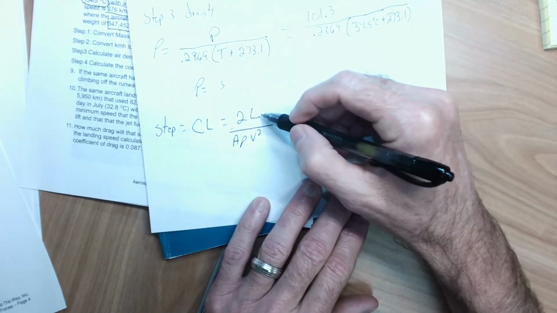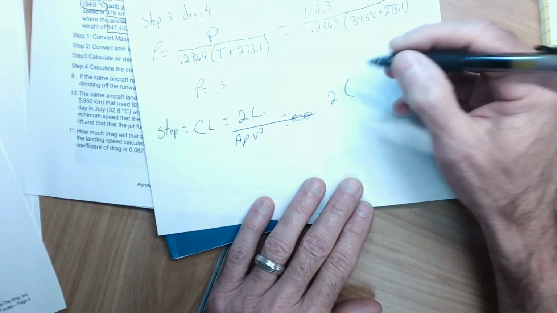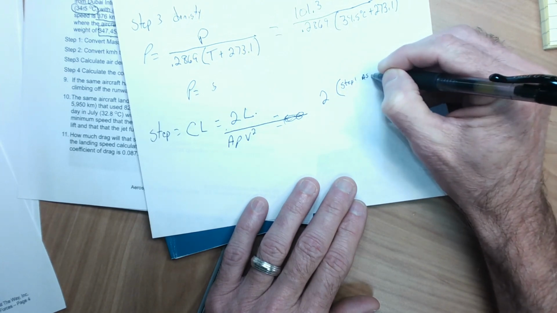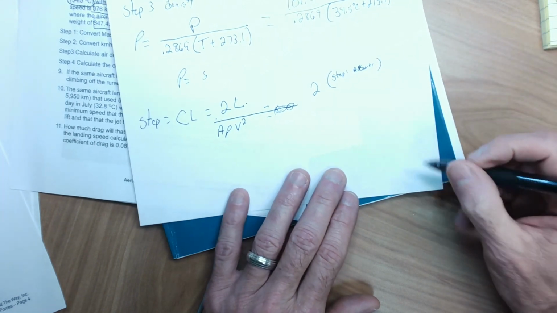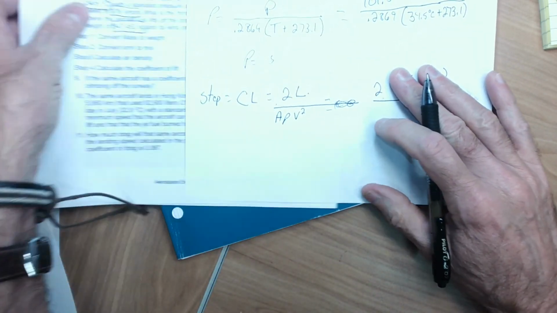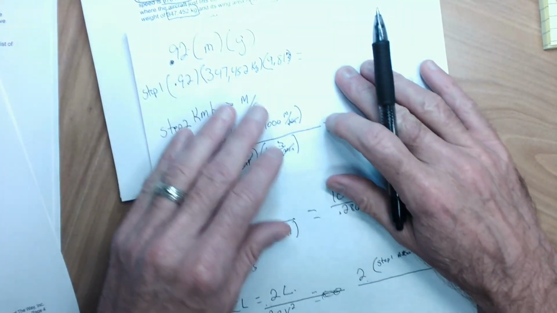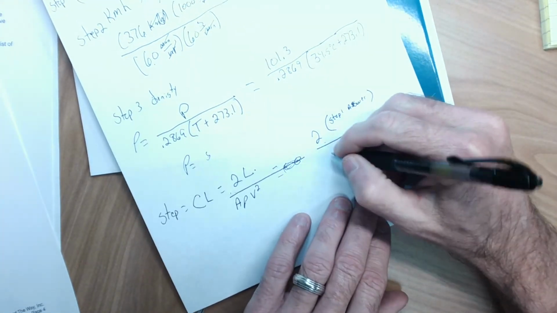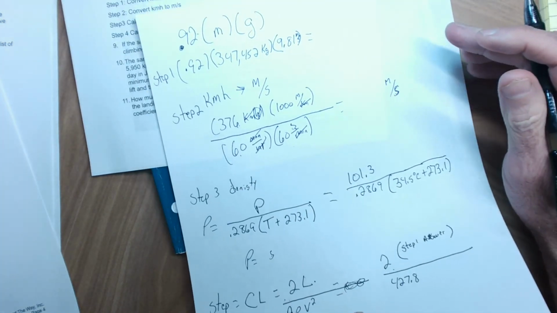So, 2. What is L? L is your answer from step 1. Okay? So, step 1 answer. So plug in your step 1 answer right there. Okay, area was given to us right here in our problem. So area of the wing is 427.8 square meters. So I'm going to put 427.8. Make sure I copied that down right.